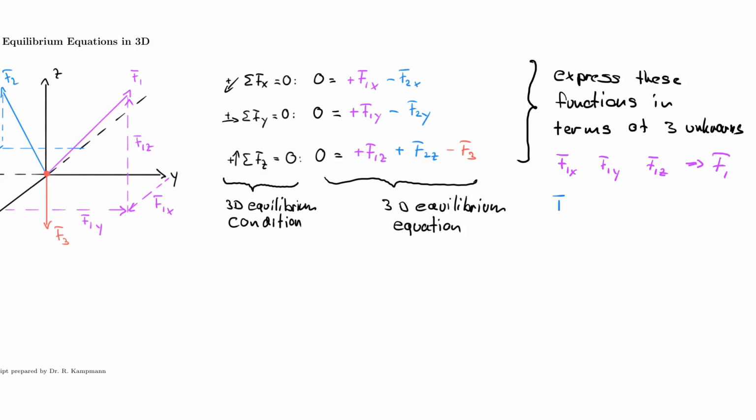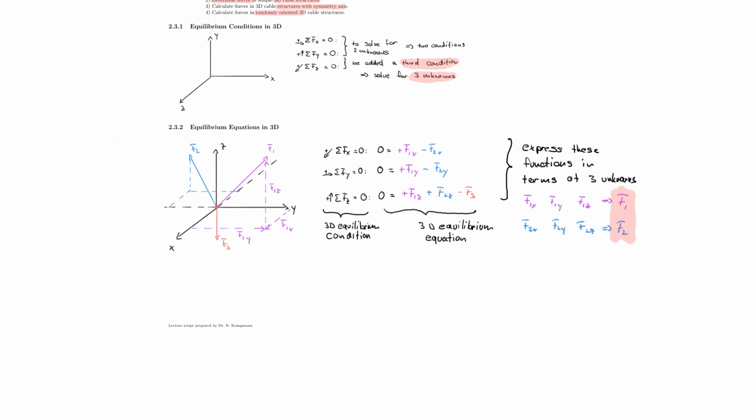Likewise, f2x, f2y, and f2z are expressed through f2. So these are the important ones. Let's highlight them. So this is what you really have to plug into your equation ultimately. But again, that is best shown in an example.